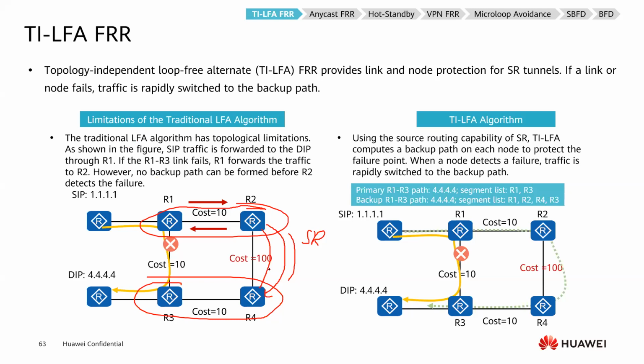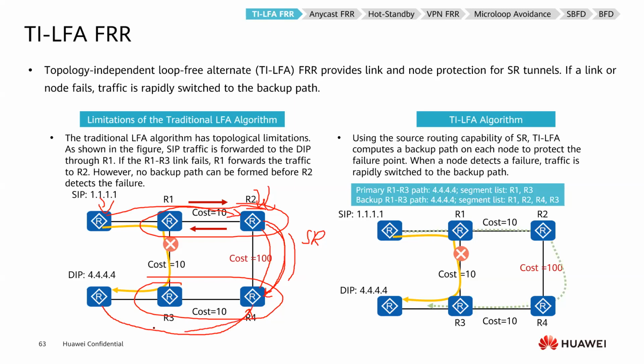What does this do? From the source point to any point in the P zone, there will be no micro loop. From the destination to any point in the Q zone, there will be no loop. So I can just use segment routing to force the traffic forwarding from this P point to the Q point.